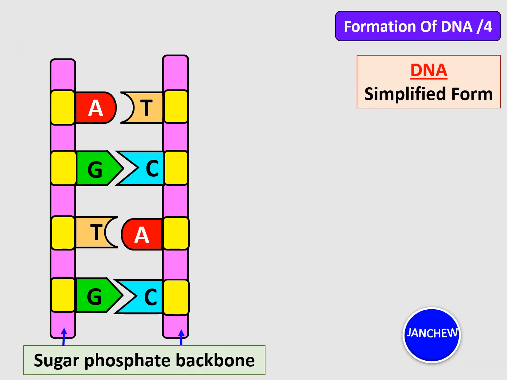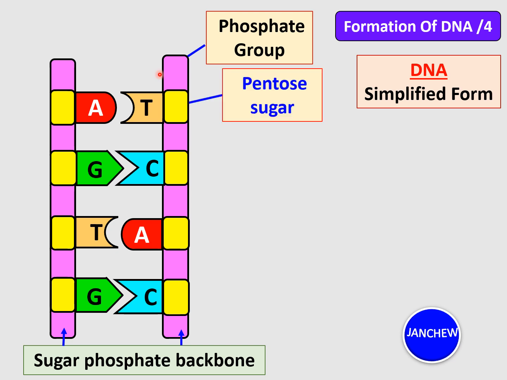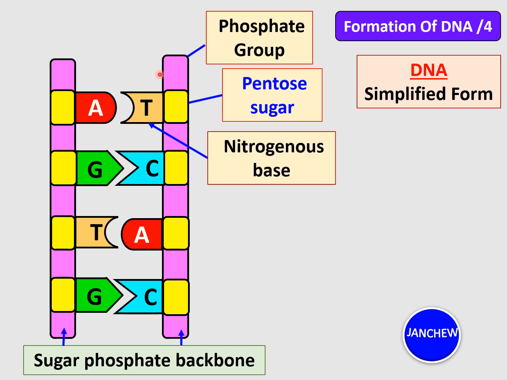Now sometimes the DNA molecule can be presented by this structure shown here. It is a simplified form of the DNA molecule, where the pink part represents the phosphate group, the yellow part represents the pentose sugar, and the bases are again in the center.